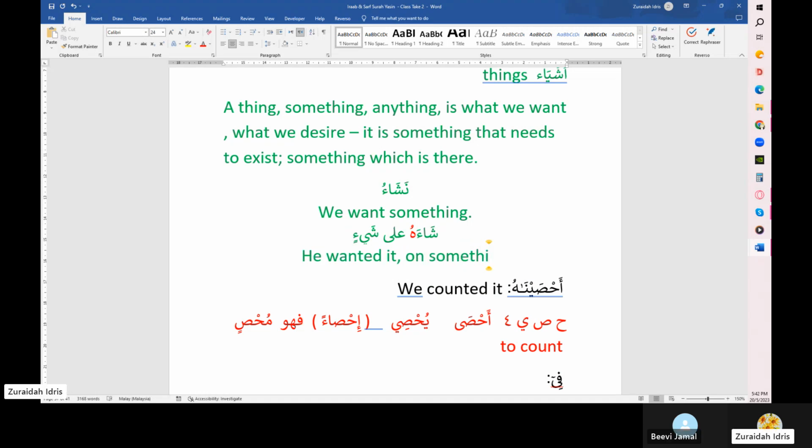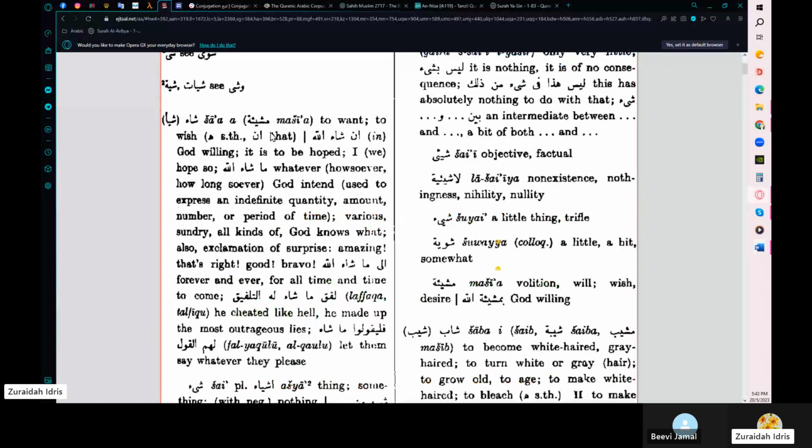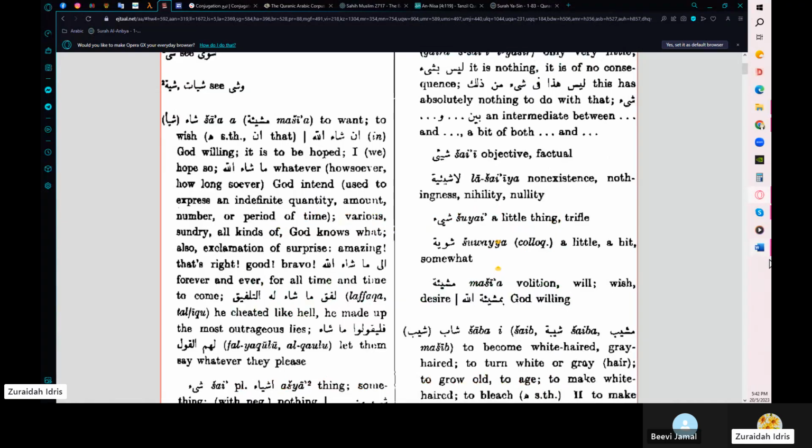What we are looking at is shay'in, which is something. So this is a different ism. I do not know what type of masdar it is yet. Maybe I need to find this out, because we have different types of masdars apart from the original masdar.